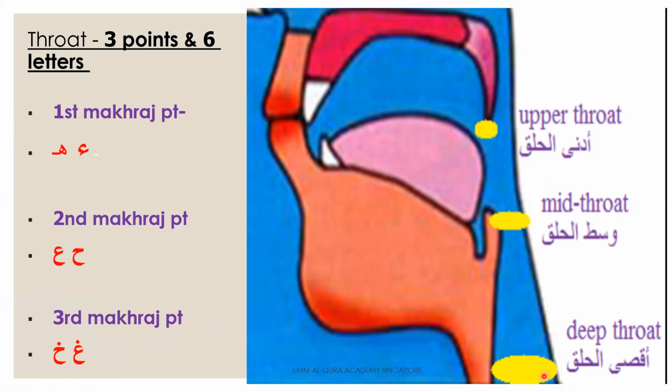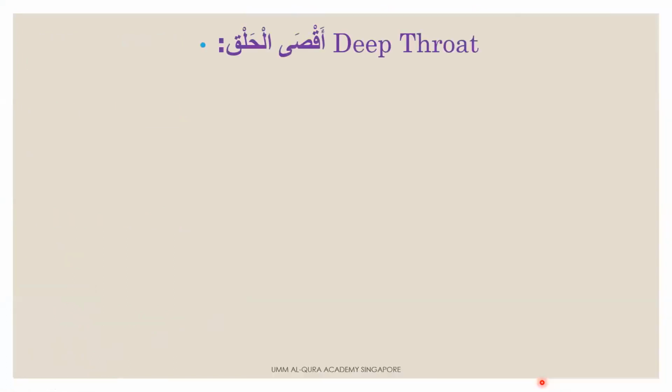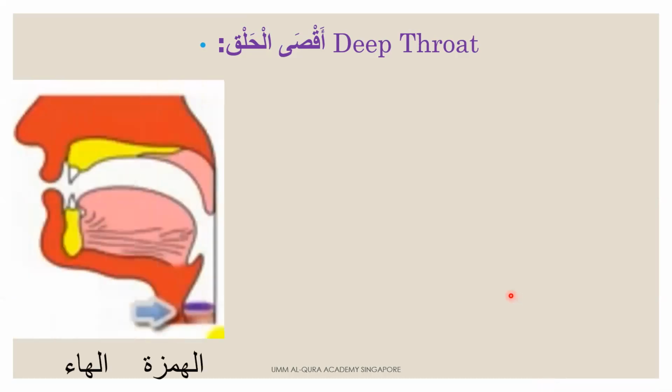We're going to see them one by one. Firstly, the deep throat, which we can also call the bottom throat, Aqsal Halq. From Aqsal Halq, we have the letters Hamza and Ha.